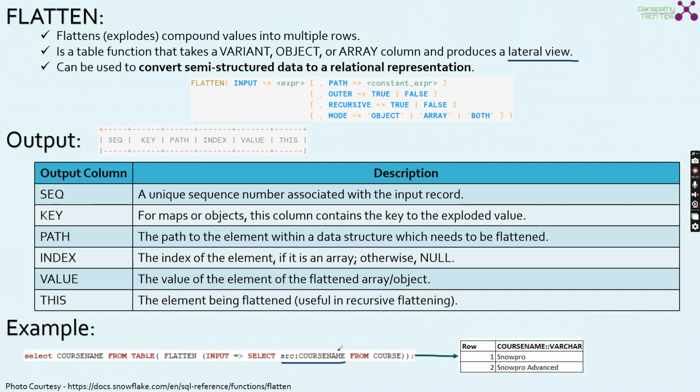I am selecting that course name alone as the input, and then using flatten to flatten that data, and selecting the course name from the table. The output will look something like this: row equal to 1 and course name equal to Snowpro, row equal to 2, Snowpro advanced. Now we are able to convert the semi-structured data into structured data using this flatten command.